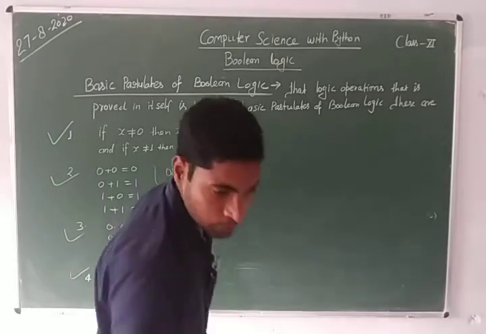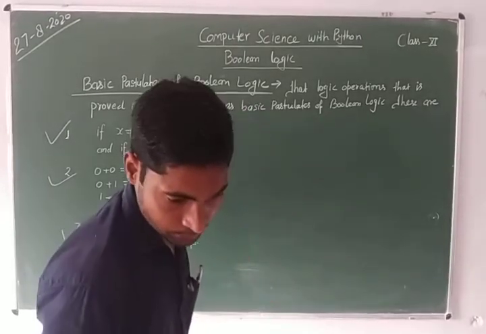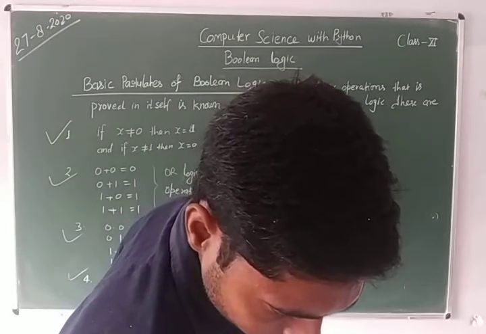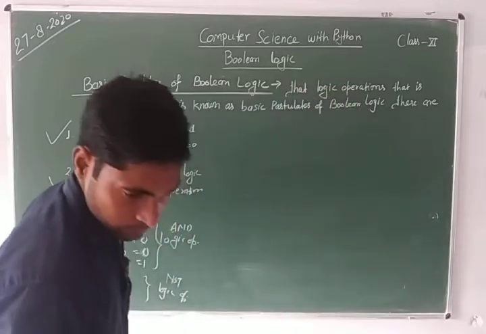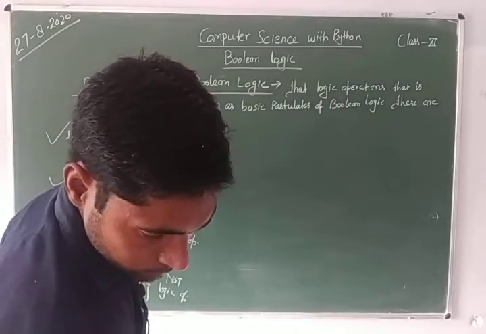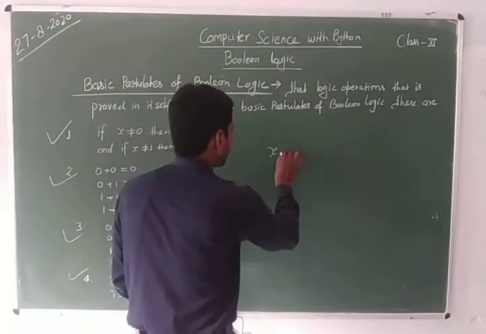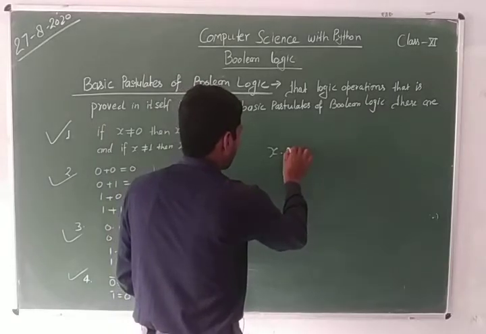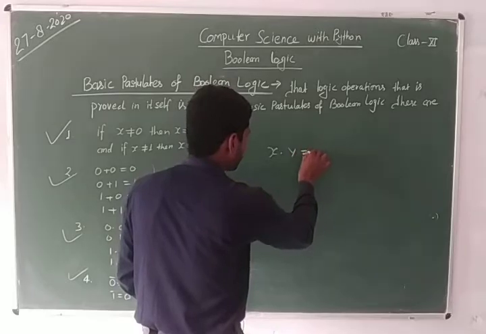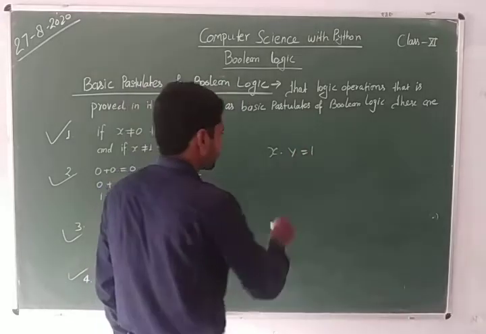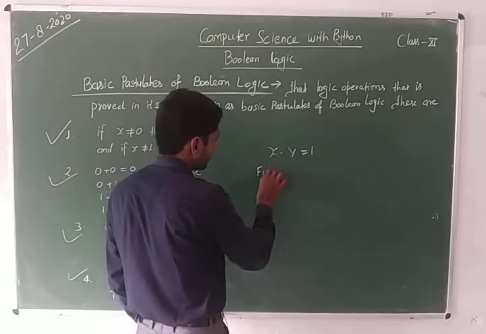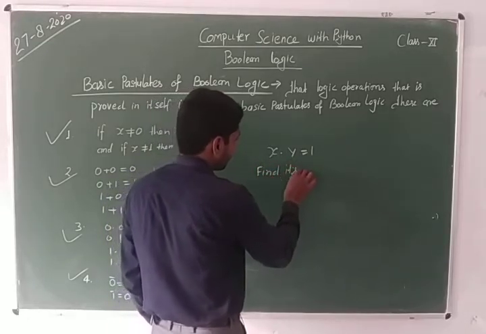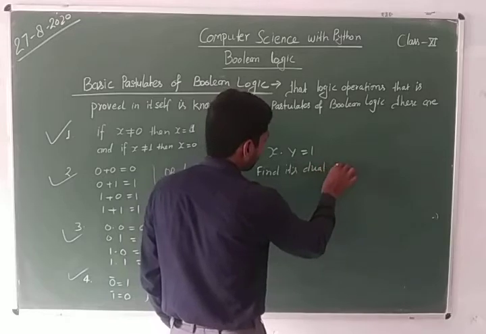You can note down. X dot y is equal to 1. Find its dual operation.